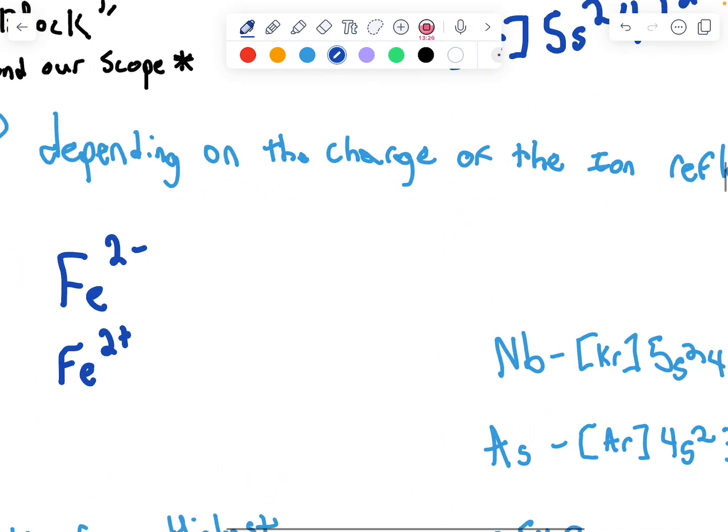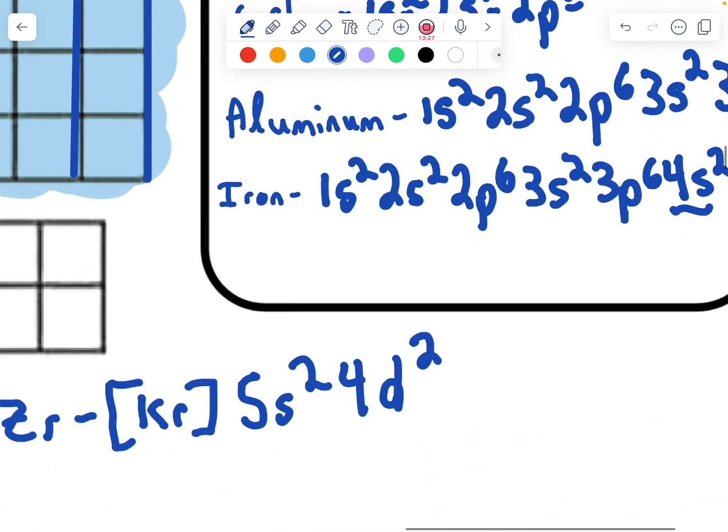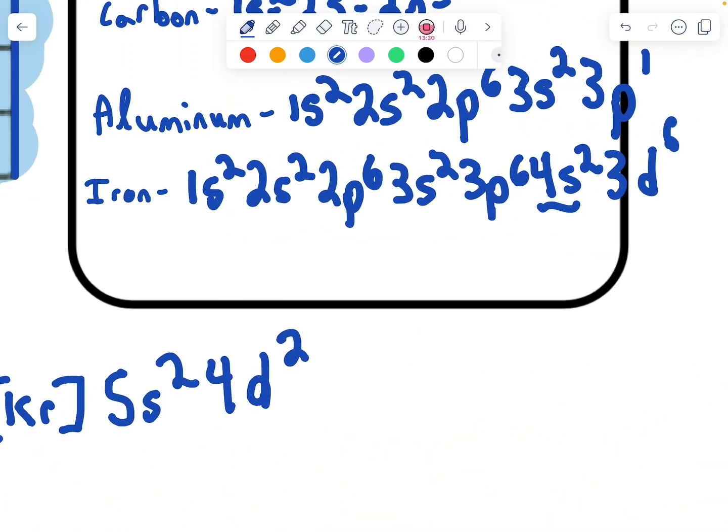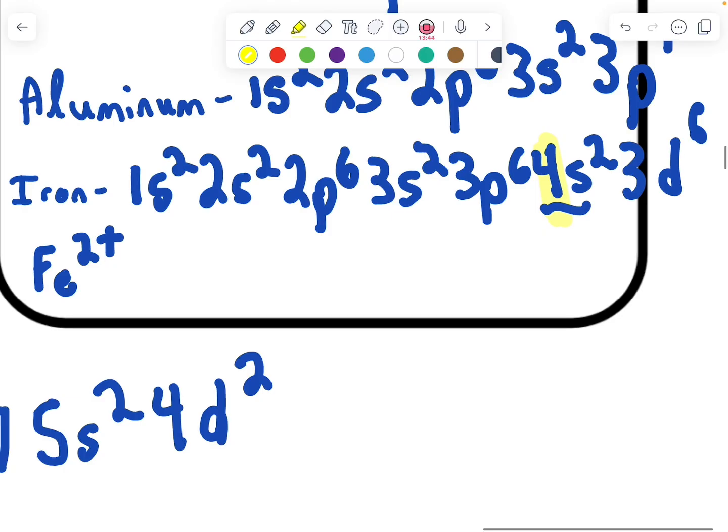And then just when I'm writing an iron electron configuration out, let's just copy and paste and say, or even look here and say that I want to write a Fe2 positive and I want to take 2 electrons away. I'm going to pull from the highest energy level, which is this 4 here. So I'm going to pull away because they're the farthest from the nucleus, and so they're going to be the easiest to take away, and they're going to be the ones that are removed first.